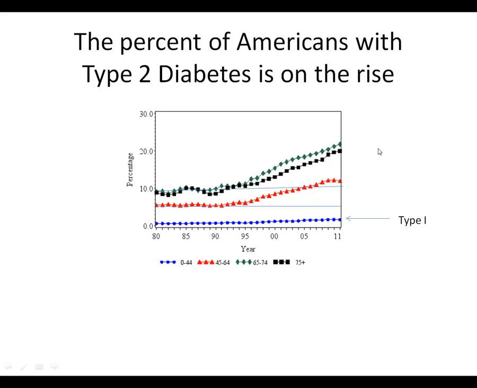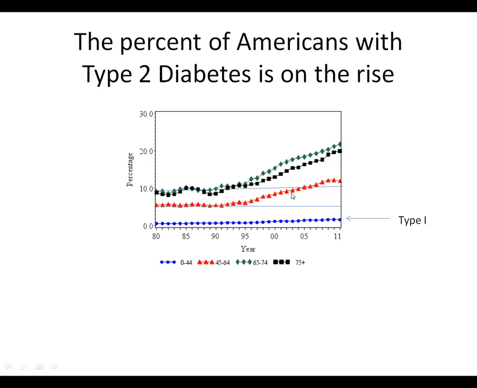And another way to look at it is that since our population at large is getting older, and since type 2 diabetes strikes older people, it's possible that increases in diabetes might be due to the general aging of the population.